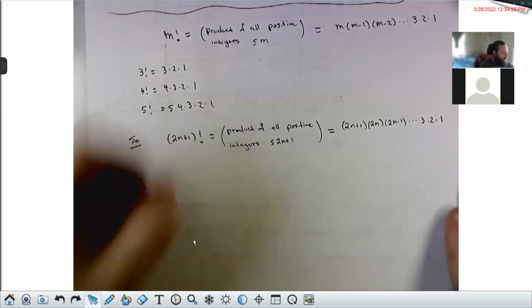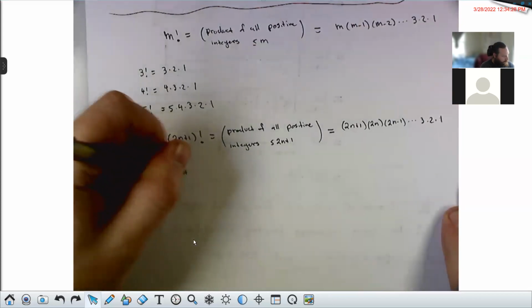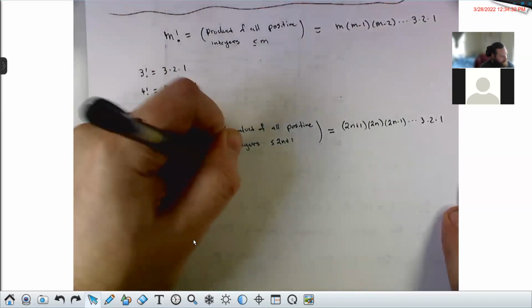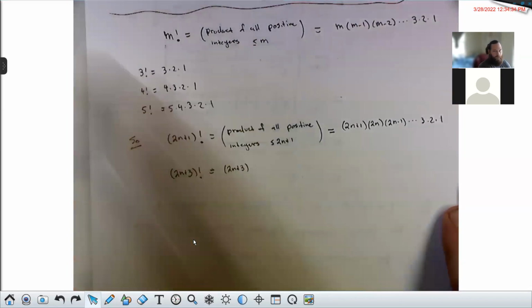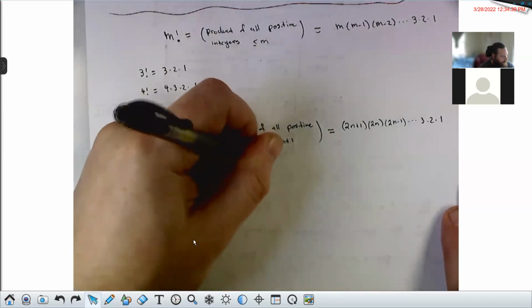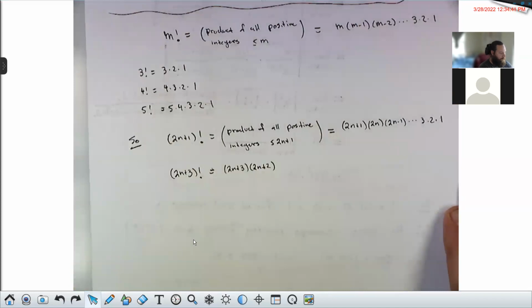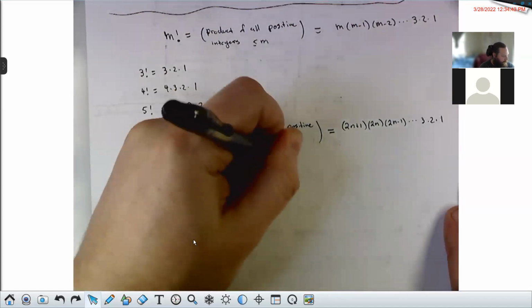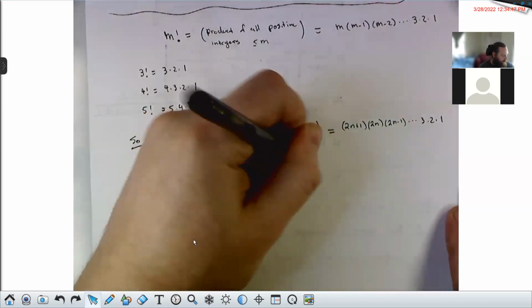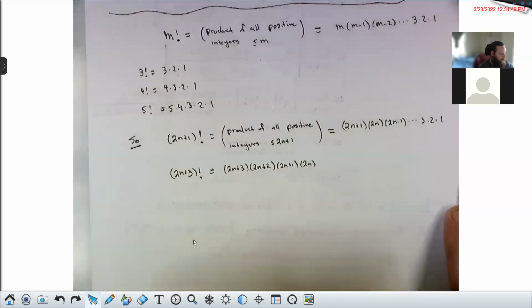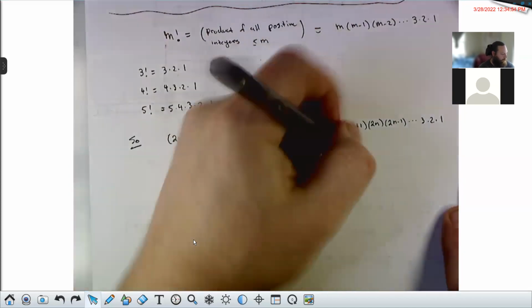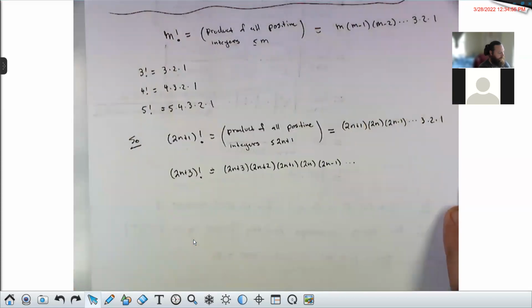Kind of in that same vein, 2n plus 3 factorial would be 2n plus 3 times the number right underneath that, which is 2n plus 2, times the number right underneath that, which is 2n plus 1, times the number right underneath that, which is 2n, times the number right underneath that, which is 2n minus 1. It's up to you how many of these you want to write before you write the dot, dot, dots.